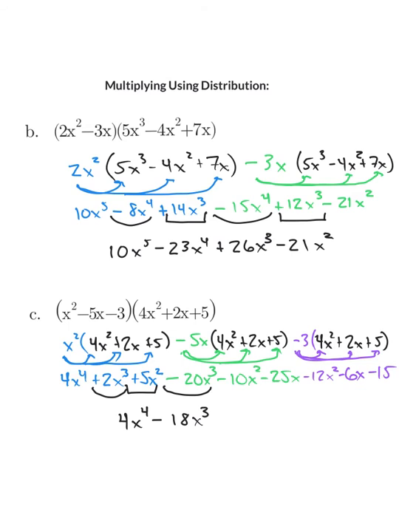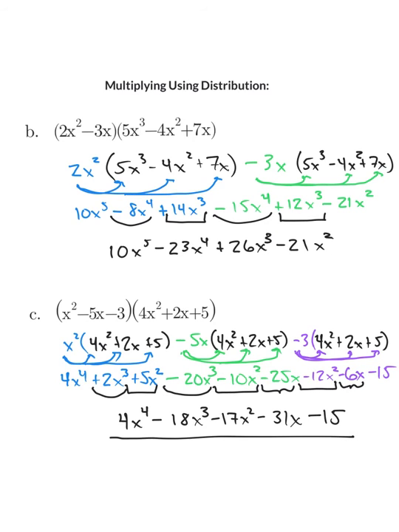We have our 5x squared, negative 10x squared, and negative 12x squared gives us negative 17x squared. Negative 25x and negative 6x gives us negative 31x. And our minus 15 has nothing to combine with. And so we are done.